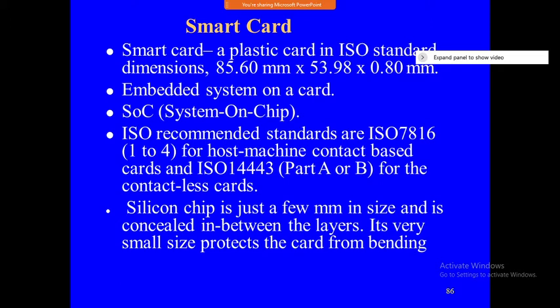And the contactless cards, some cards are not necessary to contact to the system. A silicon chip is just a few mm in size and is concealed in between the layers. Its very small size protects the card from bending or mishandling. That everything will come under the abstraction layer.